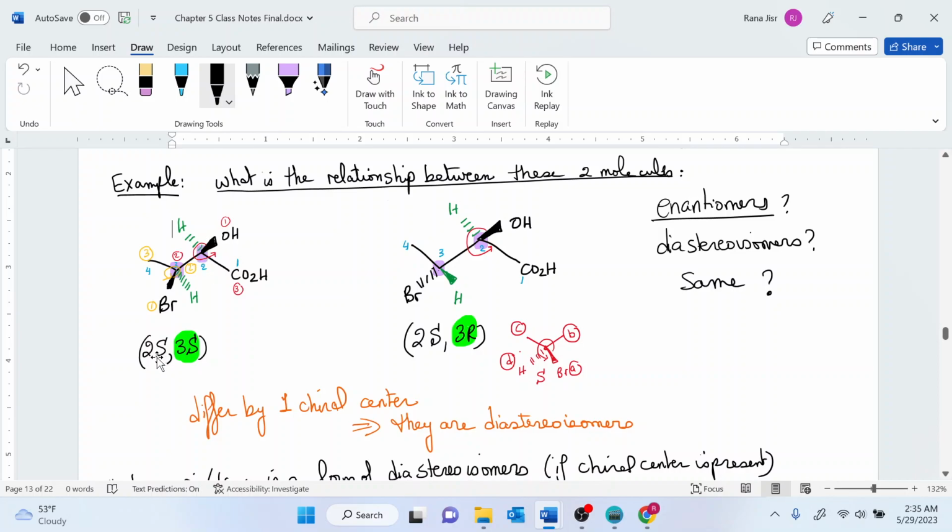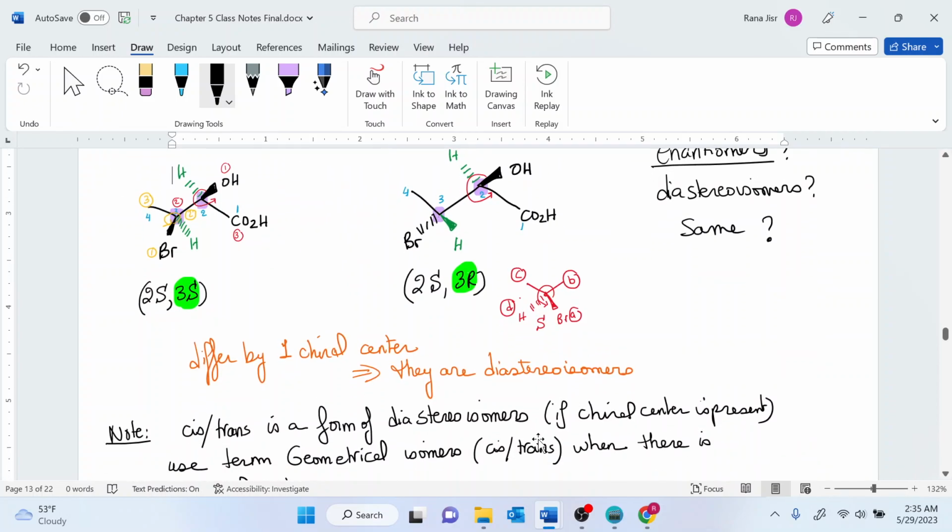It's an S configuration, and carbon number 3 is an S configuration. Number exactly the same way to look and see what happened to carbon number 2. Did it change in configuration or stay the same? So 2 stayed the same, but 3 changed. So they differ in one chiral center, then definitely they are diastereoisomers.